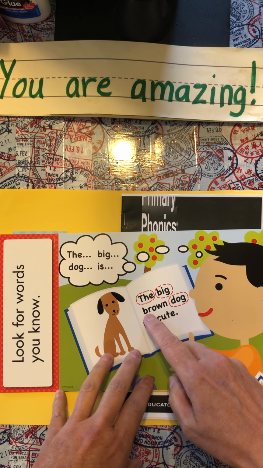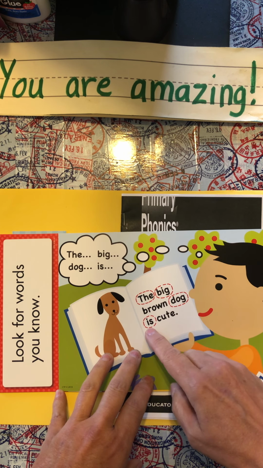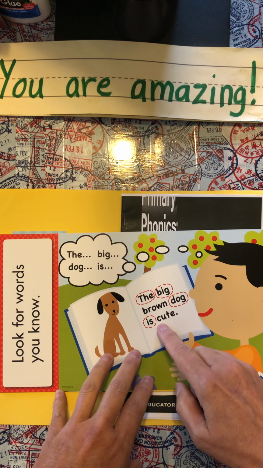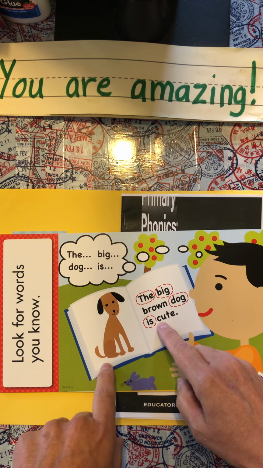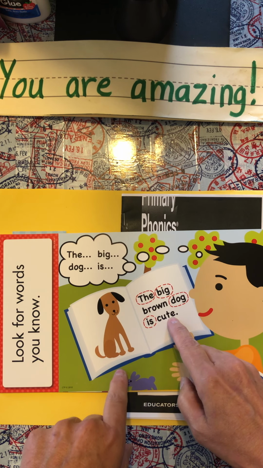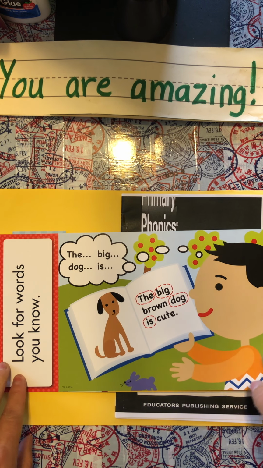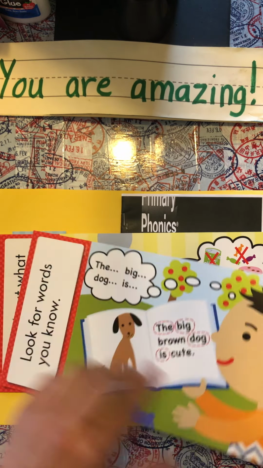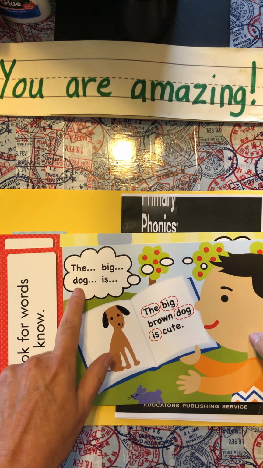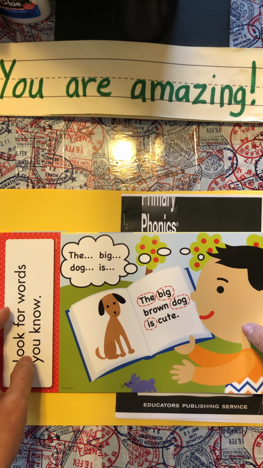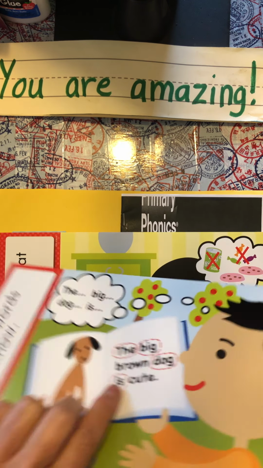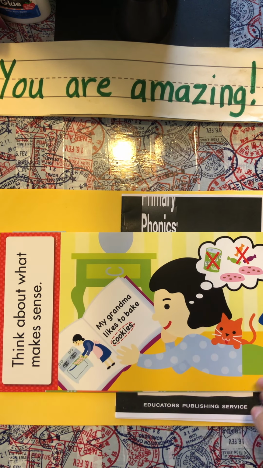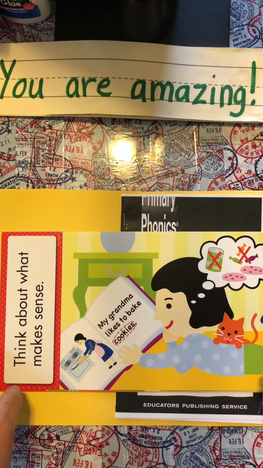The big brown dog is, what would make sense with the k? What is he? Cute, cute. So basically, look for words you know, skip over the ones you're not sure about, and then you can come back to those later to try to make sense of it.